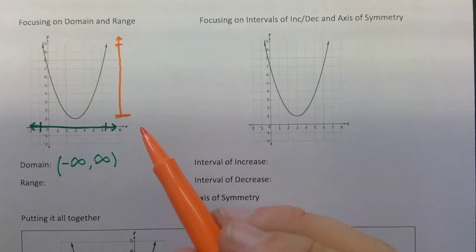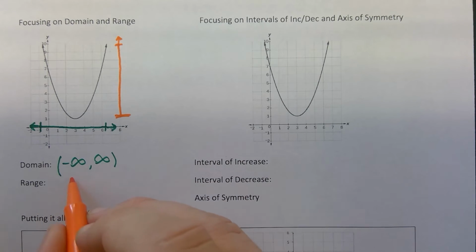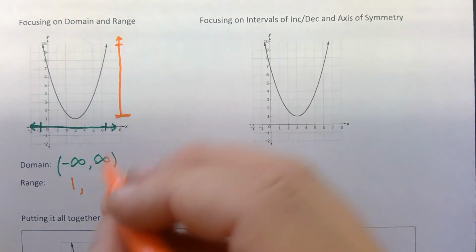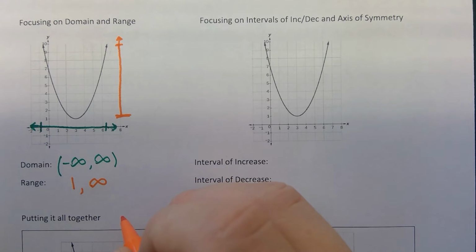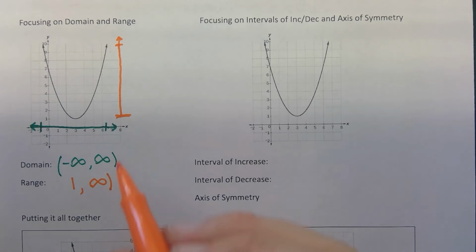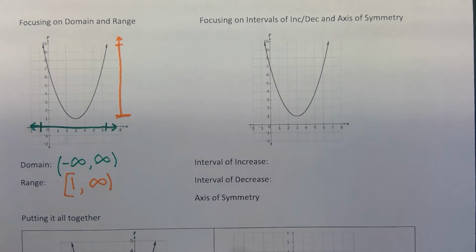We talk about y values. So my y value here is 1. And then the top is an arrow, so it's going up. That's positive infinity, and infinity always gives me a parenthesis. Since I've got a straight line at the bottom, I'm going to have a bracket.